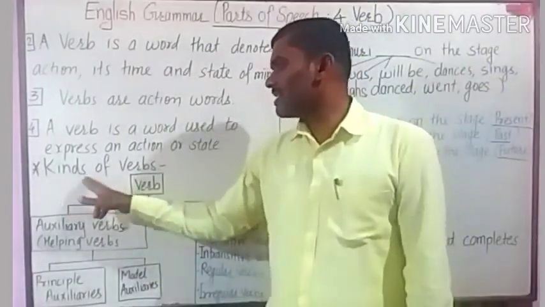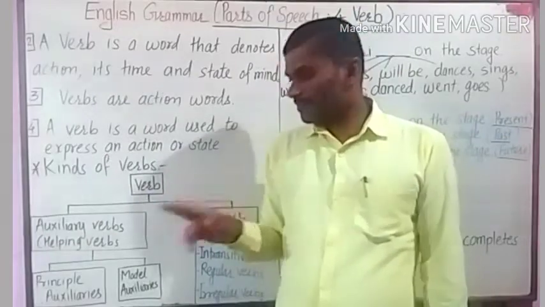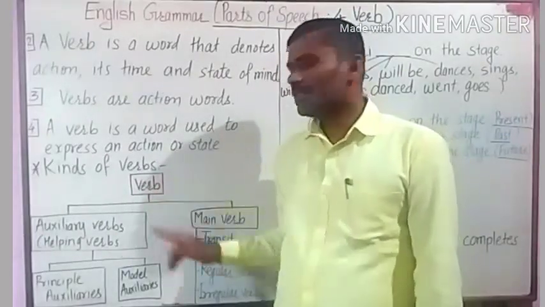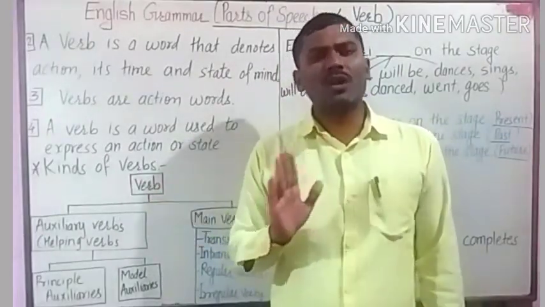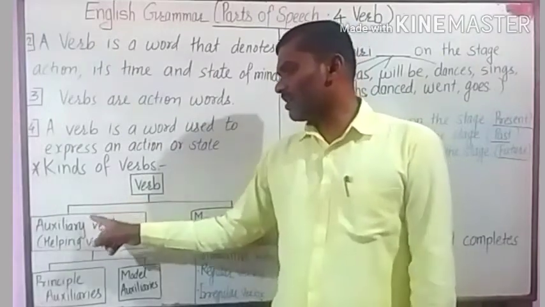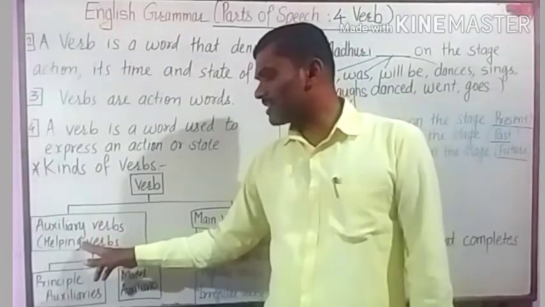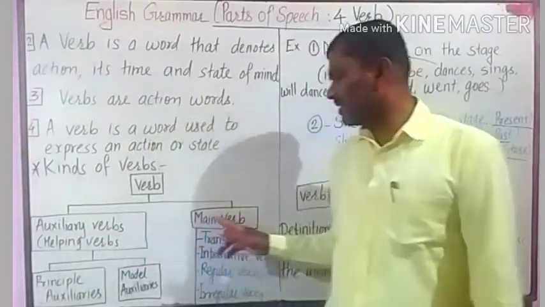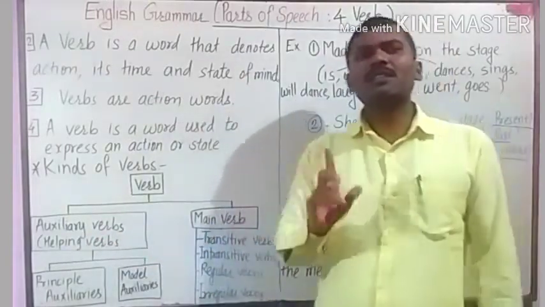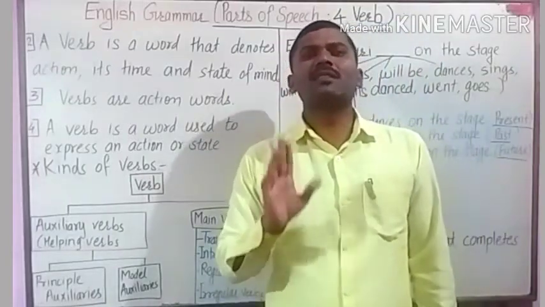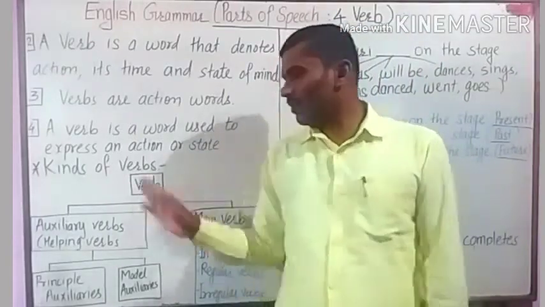Now, kinds of verbs. There are two types of verbs. First is auxiliary verbs. These verbs are also called helping verbs. And second is main verbs. These two are the main types of verb.